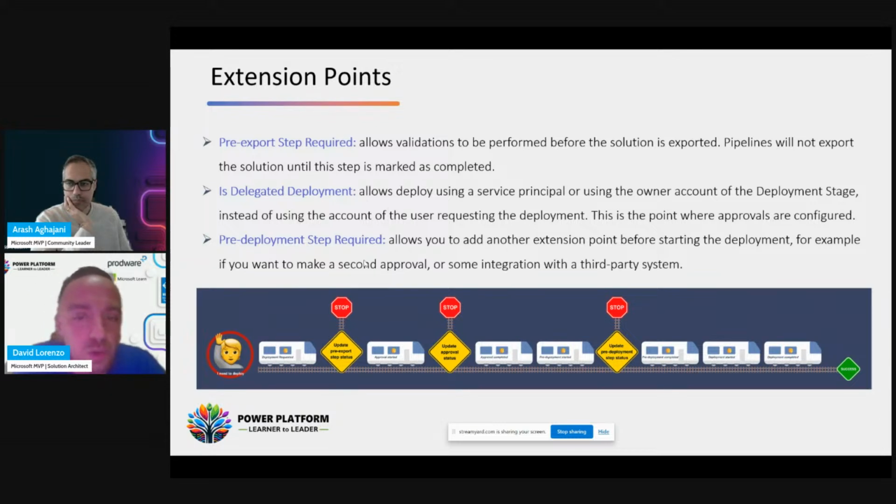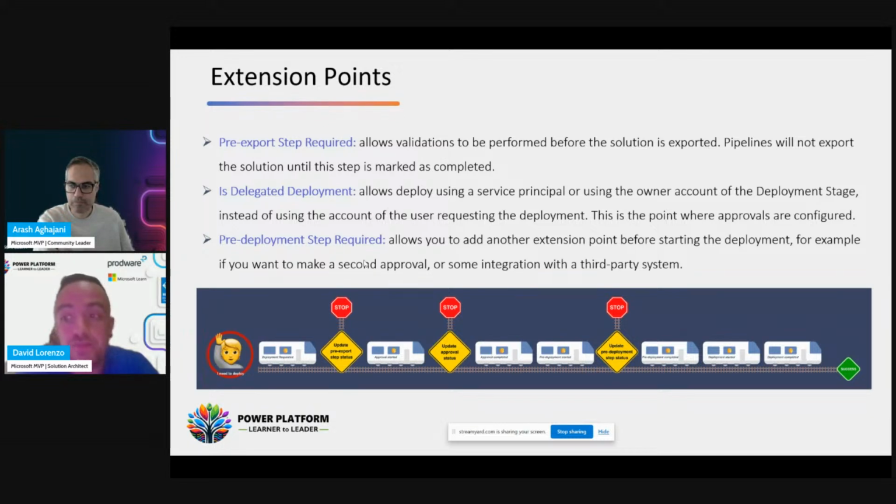And we also allow, in this case, the approval process. So we'll send the approval request to a Microsoft Teams application. The user will approve or reject the deployment, and then we approve or fail the process in the Power Automate flow.